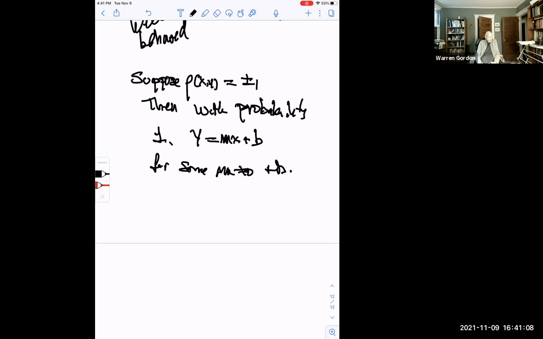And we can show this pretty easily. We already showed that when rho is equal to 1, we just did this a moment ago, we showed that V of X star minus Y star turned out to be 2 times 1 minus rho.